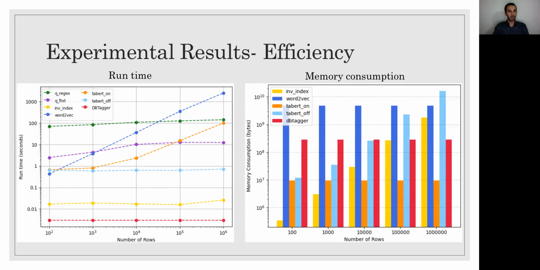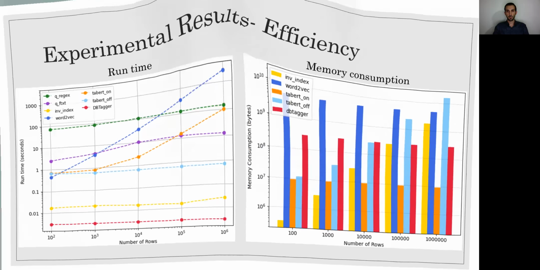We have the same baselines, and as you can see, DBTagger is the most efficient solution here, both in terms of runtime and in terms of memory consumption required to perform the mapping operation. Here, you also see that some of the approaches, such as querying, TABAT online, and Word2Vec approaches, are not applicable, especially for much bigger databases.